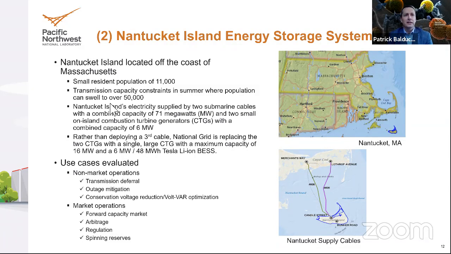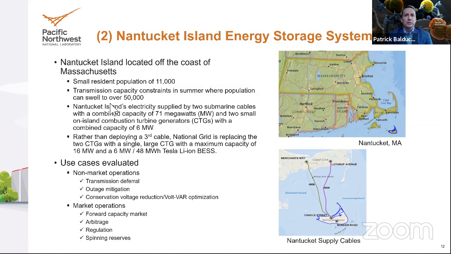As tourists descend on the island, the system becomes constrained. Nantucket Island's electricity is supplied by 2 submarine cables with a capacity of 71 megawatts and some on-island combustion turbine generators with a combined capacity of 6 megawatts. So they were bumping up against the capacity for their electrical grid.